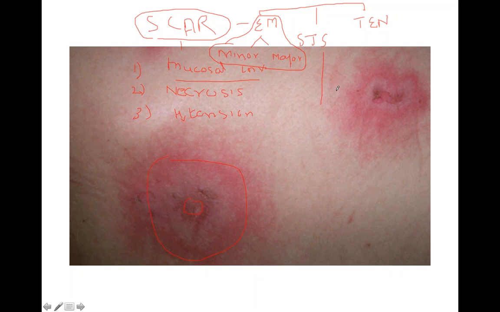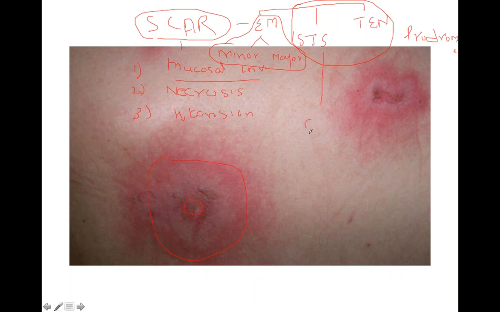This is characteristic of Stevens-Johnson syndrome and also of TEN. Patient may have fever, myalgia, arthralgia, nausea, vomiting, and then the patient will have macules, papules, blister formation. There can be peeling of the skin in later situations.